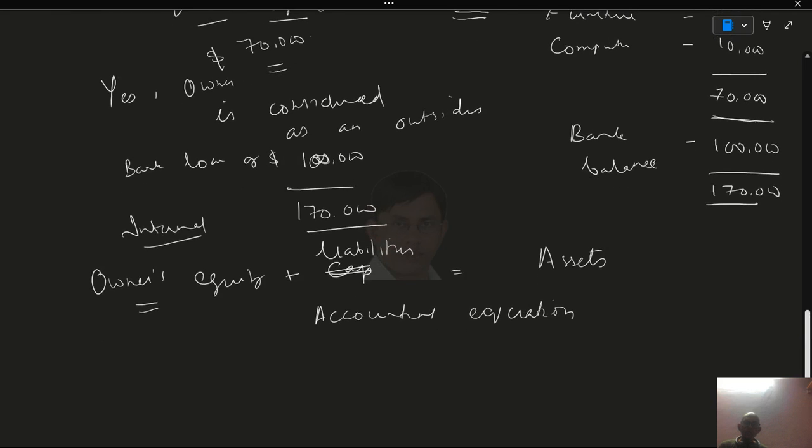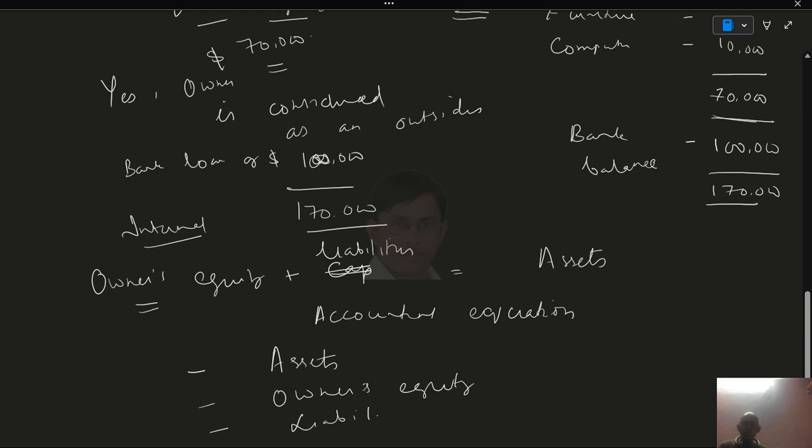So now you have understood what are assets, what is owner's equity, what is bank loan, so what is liability. So the three concepts are clear. What are the concepts? Assets, owner's equity, liabilities.